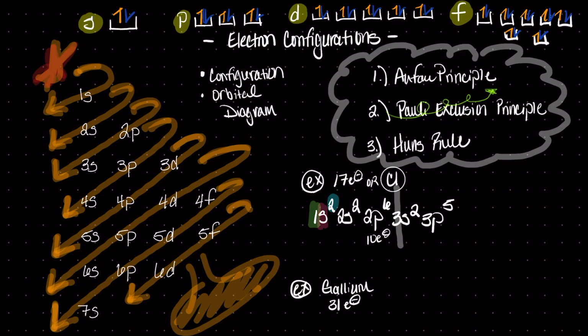So now that I know I'm at my appropriate number of electrons with 17, I'm going to back count myself really quickly to make sure I didn't miss anybody. So here I know that 2 plus 2 is 4, 4 plus 6 is 10, 10 plus 2 is 12, 12 and 5 make 17. So I know I have 17 electrons. That is my full configuration for chlorine.